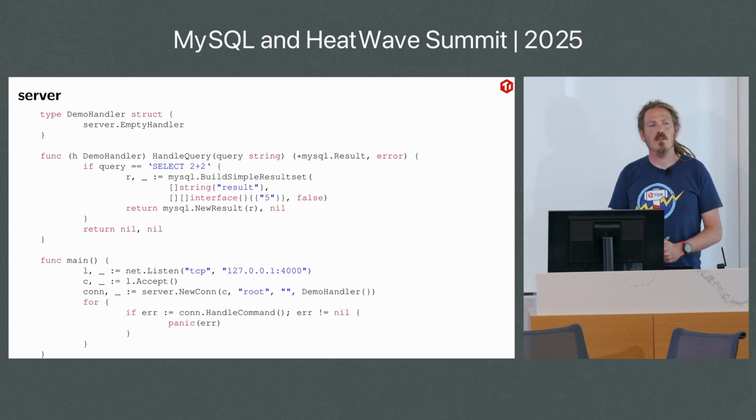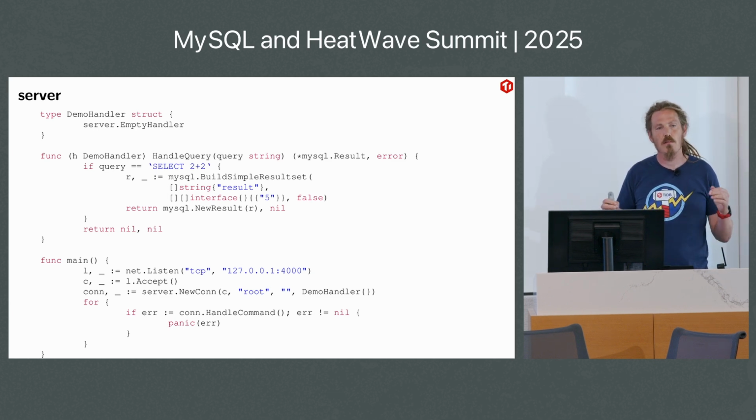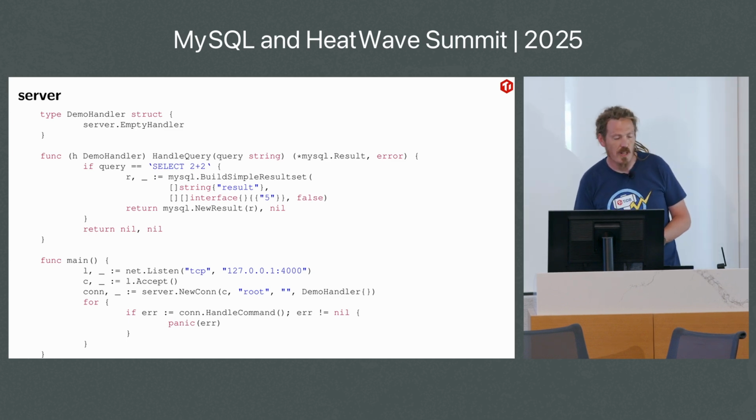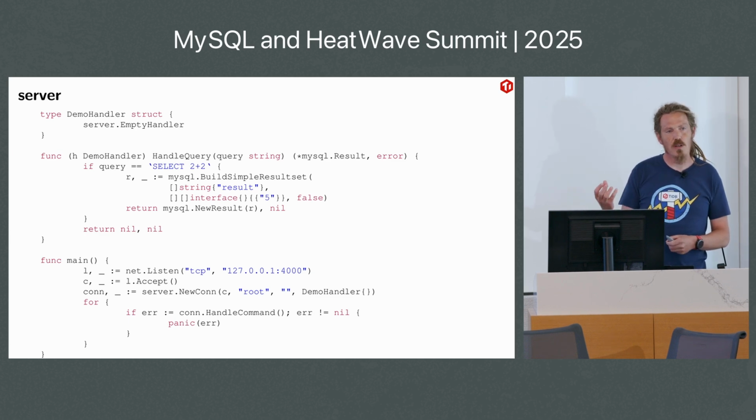One of the other things that this library can do is act as a MySQL server, where you can tell it how to respond to certain queries. On the slide is an example of a MySQL server that's listening on port 4000, and if you connect and send the query select 2+2, it will return a result, and otherwise it will not return anything.